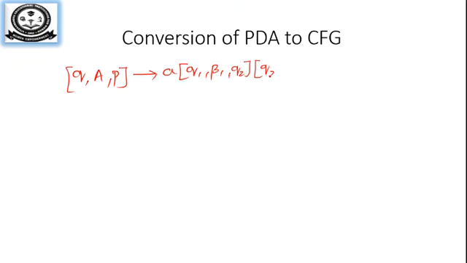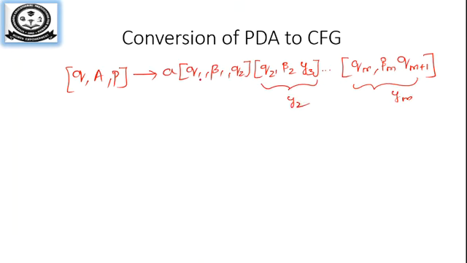Similarly, for q2 you will have β2, y3, and it goes on up to qm, βm and qm+1. Okay, so this term is ym, this is y2, and this is y1.